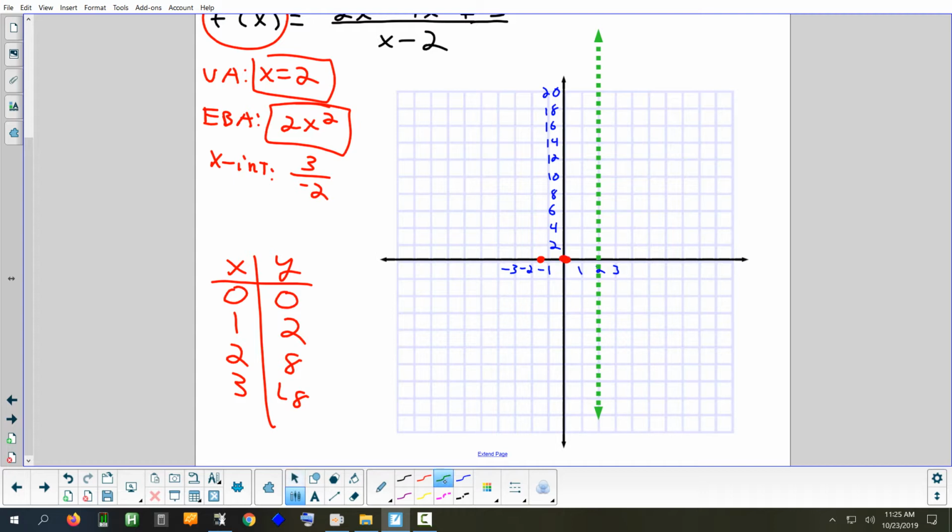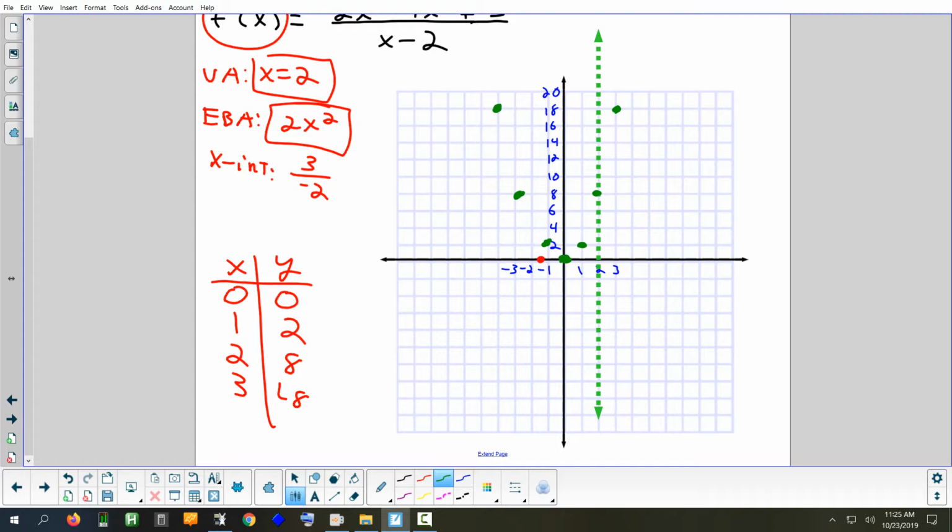You know what? I'll do my asymptote in green just to match the other green one. So 0, 0. 1, 2. 2, 8. 3, 18. And then just mirror it. So we got here, here, and I gotta go one more.